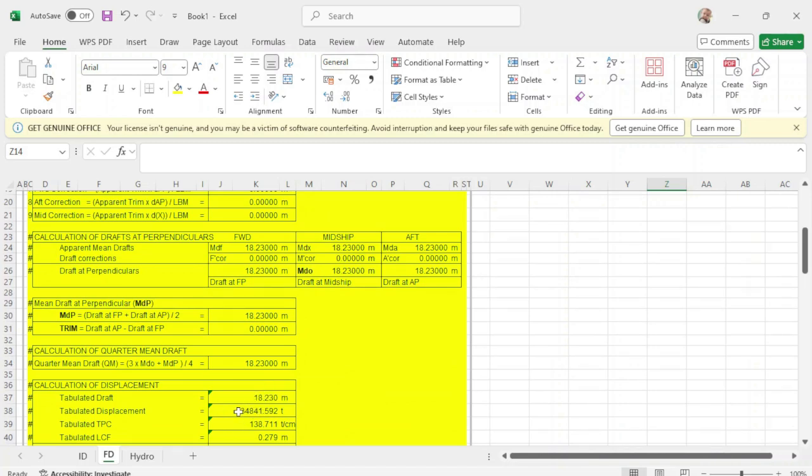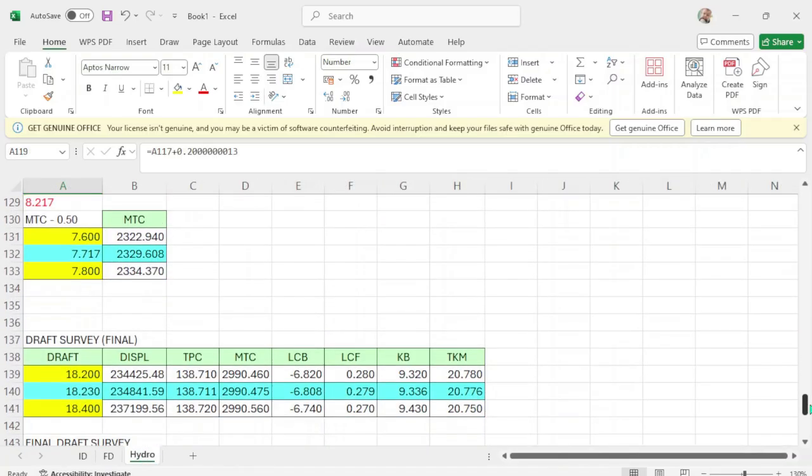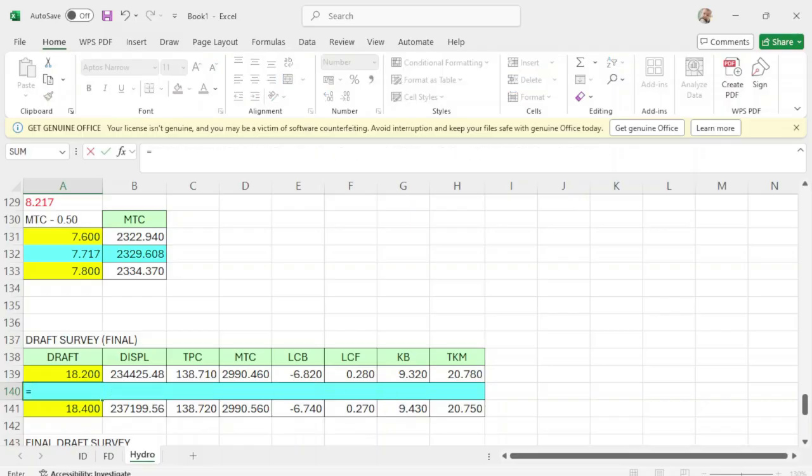So what you will do, you go to your hydrostatic table, you go now to the final draft, which is this one. You click this one because you're looking for the quarter mean draft. You click this one and you put equals.